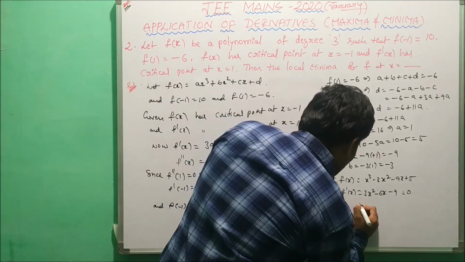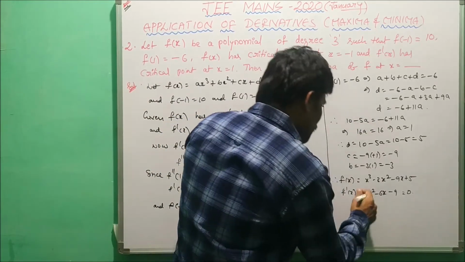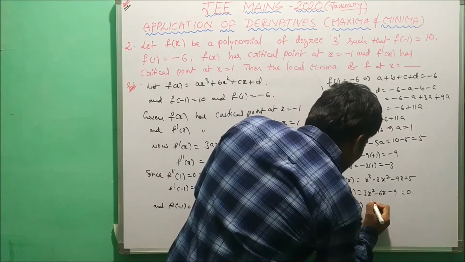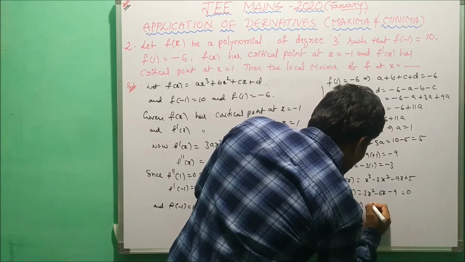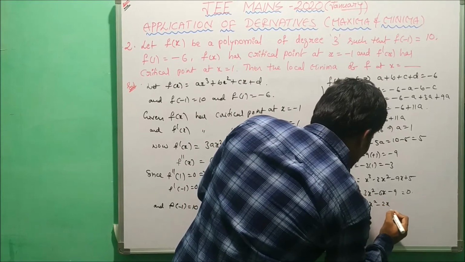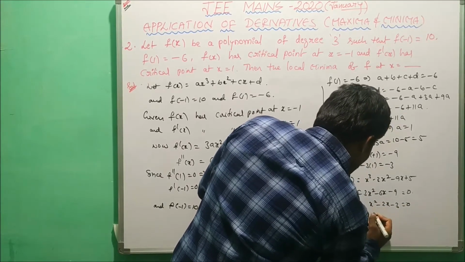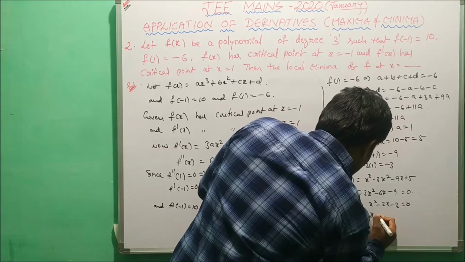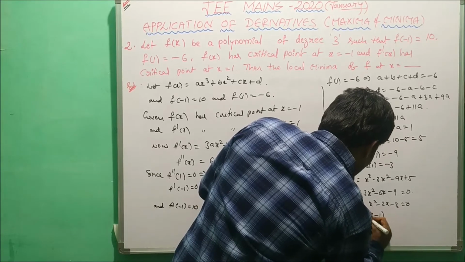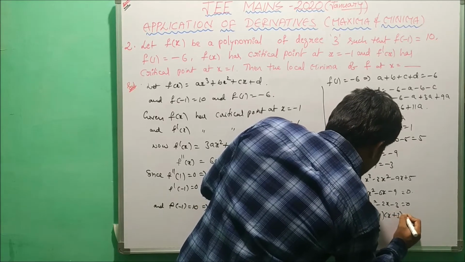Now here, factorizing this equation, divide by 3: x square minus 2x minus 3 equals 0. Now here we write the product, x minus 3 into x plus 1 equals 0.